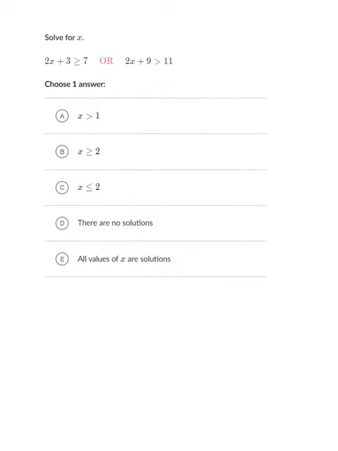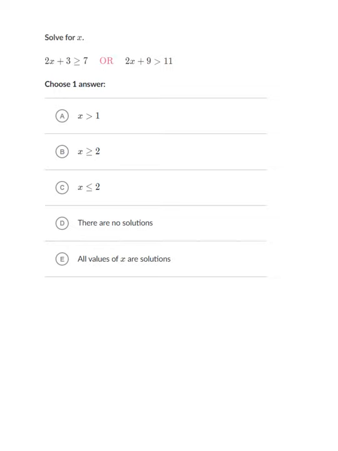Okay, this is another compound inequality. And the reason it's compound is because there's more than one inequality. There's one here on the left-hand side. 2x plus 3 is greater than or equal to 7. There's one on the right-hand side. 2x plus 9 is greater than 11. And notice that we have the word or there.